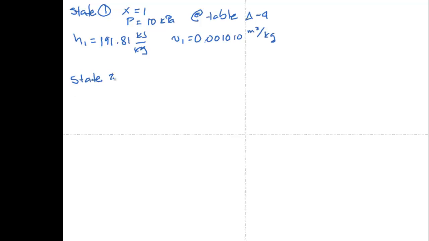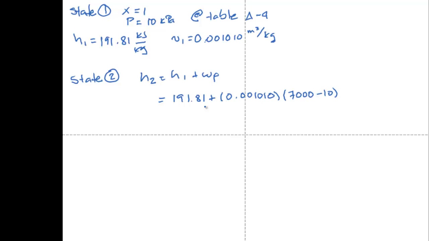State 2, we remember that we have an isentropic pump. We don't have a compressed liquid table, so we use this expression. It's just the first law for that pump, and since we don't know the work of the pump, we can estimate it by doing the specific volume times the pressure difference.